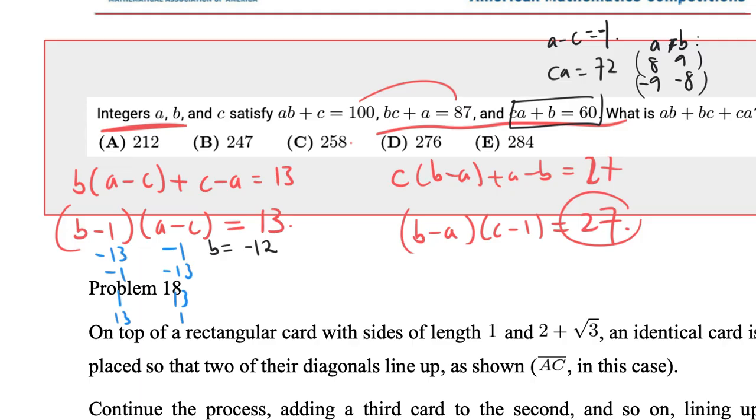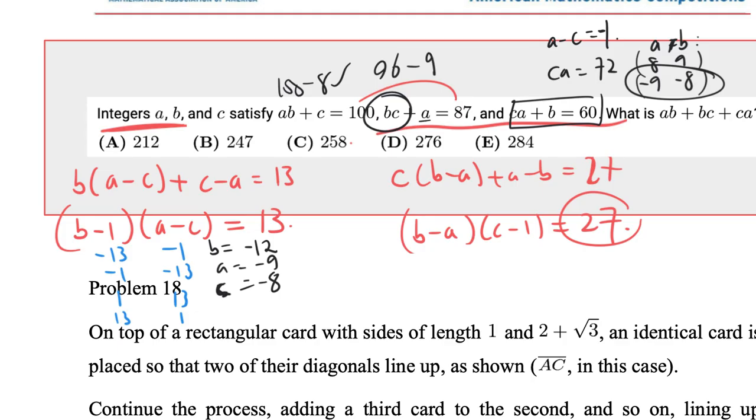And for this first one, you would immediately realize that BC would be immensely negative, and this A would not remedy it to an 87. So here we would just take the negative 8, negative 9, and check this one. So here we have AB is 108 minus 8. Perfect. BC is 96 minus 9.